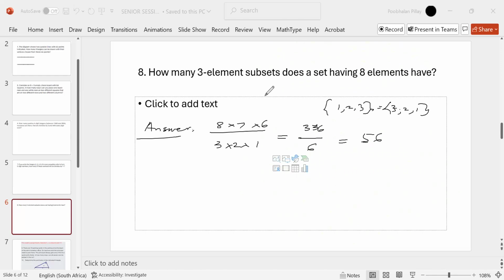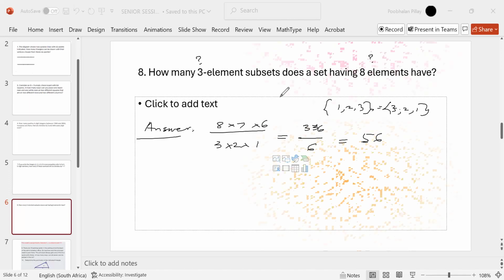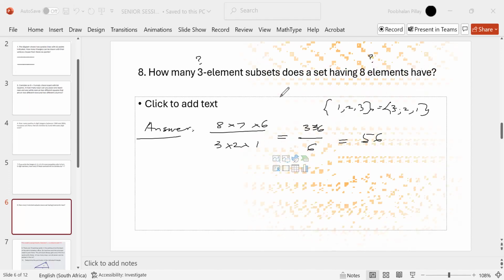This is a very interesting problem because it occurs many, many times. But you need not have 3. You need not have 8. The way I've described this thing now, you can answer any question if you think about it.